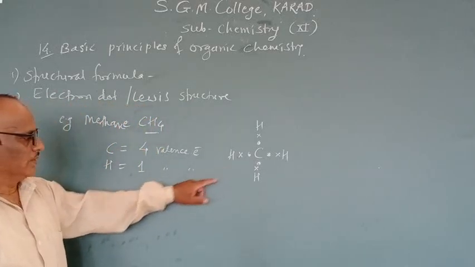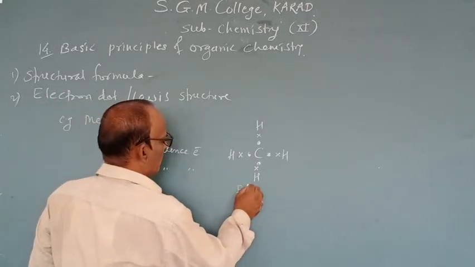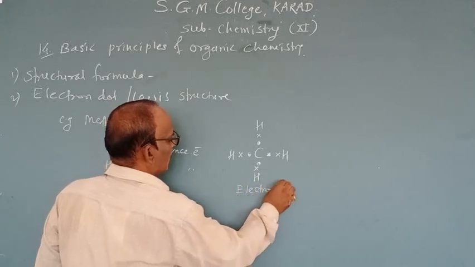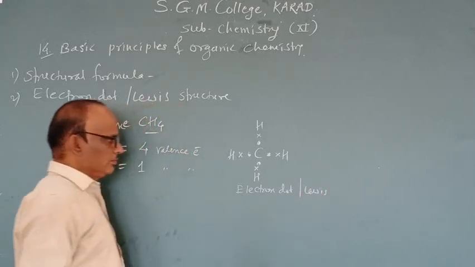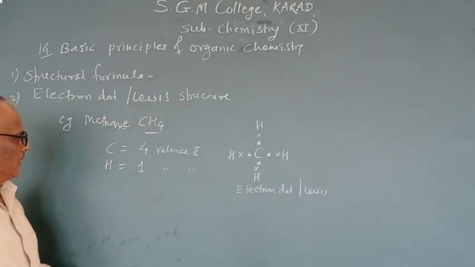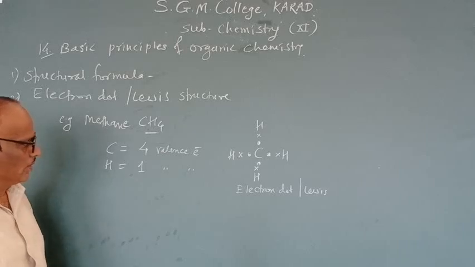This structure is called an electron dot structure, or Lewis structure. This structure of methane is called the electron dot or Lewis structure.